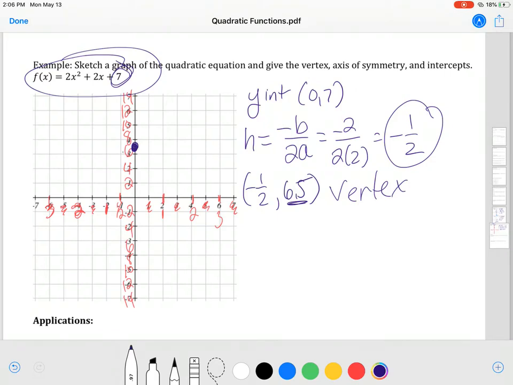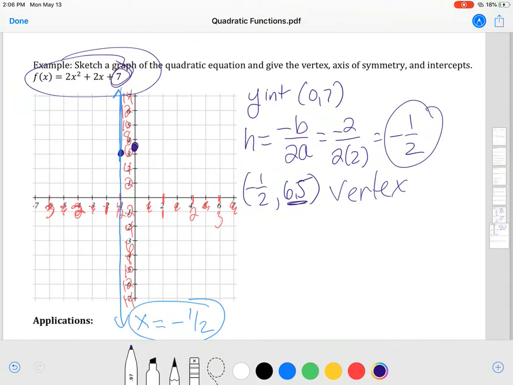So that is about right here. That's my vertex. And I know that my axis of symmetry should come up through that line. So my axis of symmetry is going to be x is equal to -1/2.